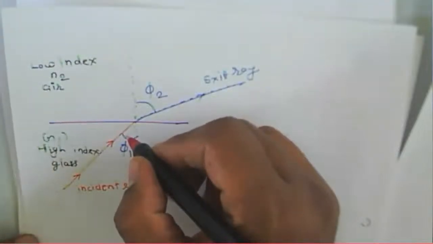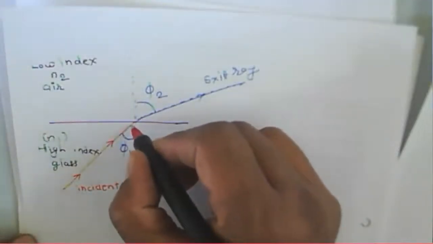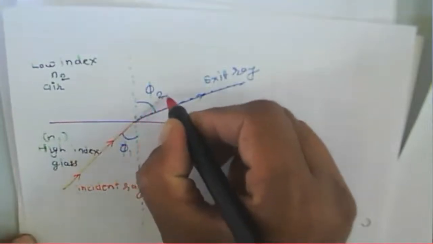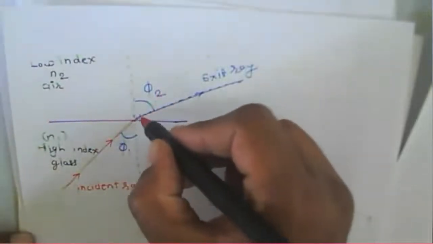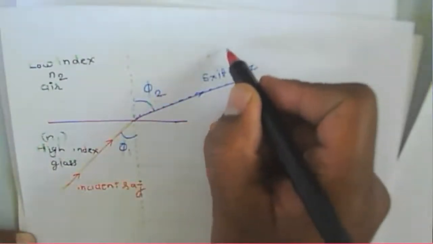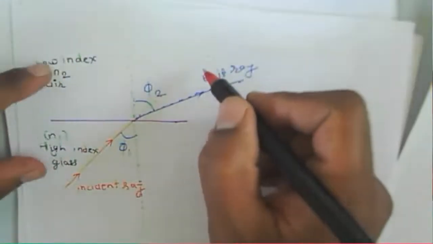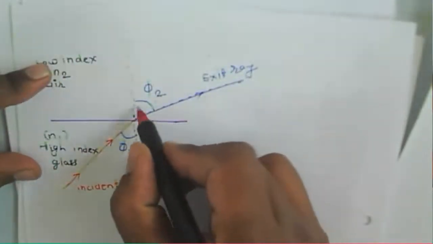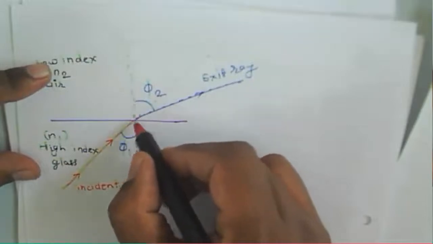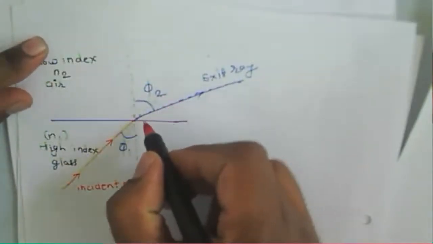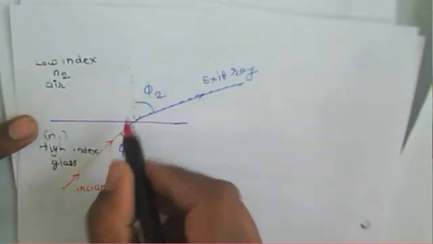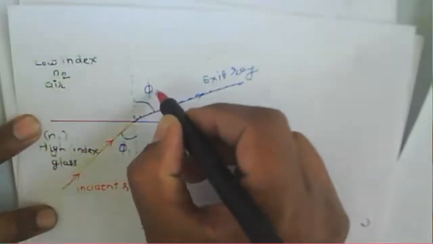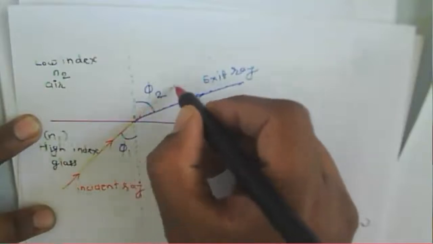Generally, if I consider a straight line here, and there is no difference in the refractive index, then your signal will go straight. But there is a difference in the refractive index, so the angle changes. It does not go straight inside that medium; it changes slightly. That's why phi 1 is not equal to phi 2. If there is no difference in the refractive index, then phi 1 equals phi 2.